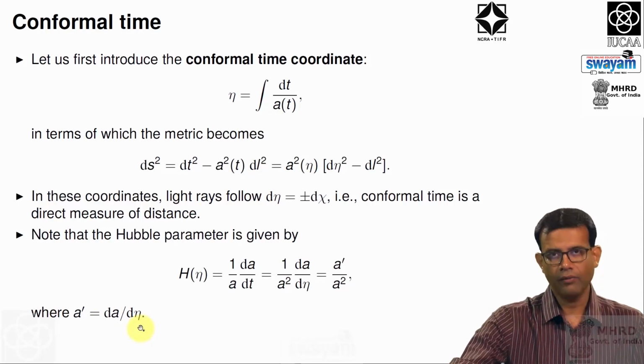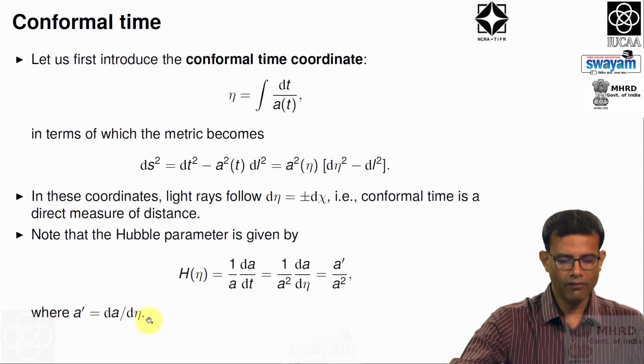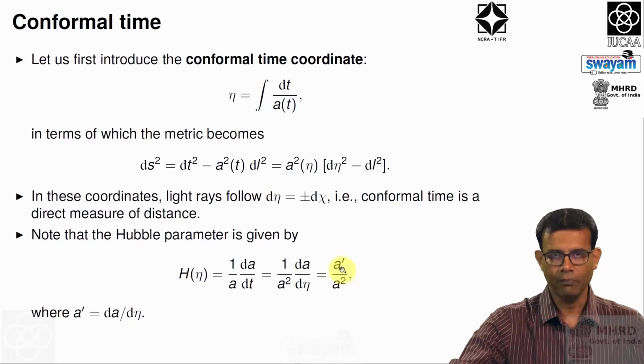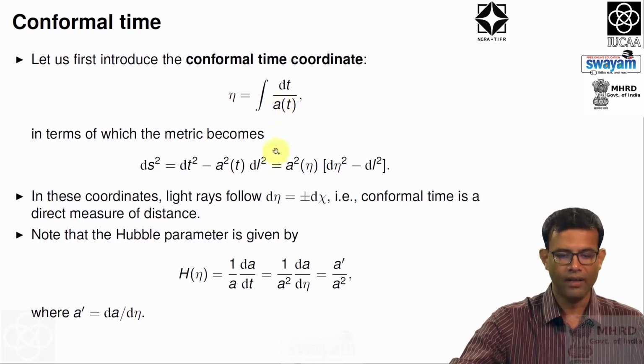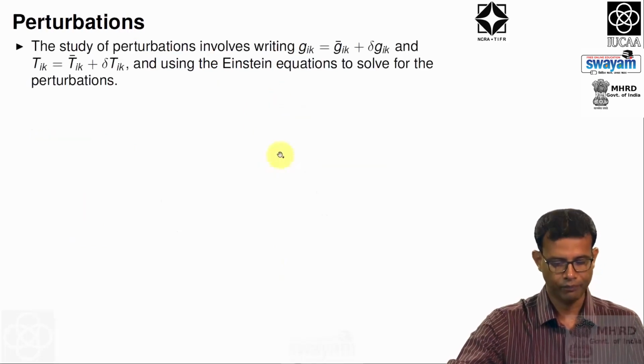So, whenever we write dot, it will be a derivative with respect to the conventional time coordinate t, prime would denote the derivative with respect to the conformal time. So, you can already see H is not a prime by a simply, but it is a prime by a square. This extra factor of a comes because of the extra factor of a in the definition of the conformal time.